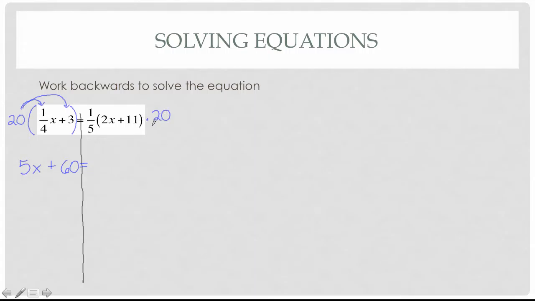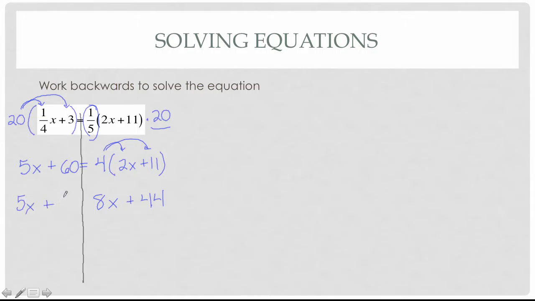Now on the right side we've got 20, but also multiplying by 1/5. 20 times 1 is 20, divided by 5 gives me 4, times 2x plus 11. So it doesn't matter the order when you're multiplying. We did 20 times 1/5 first to get 4, and then I can multiply it by the parentheses. I'm going to go ahead and use the distributive property here to get 8x plus 44.